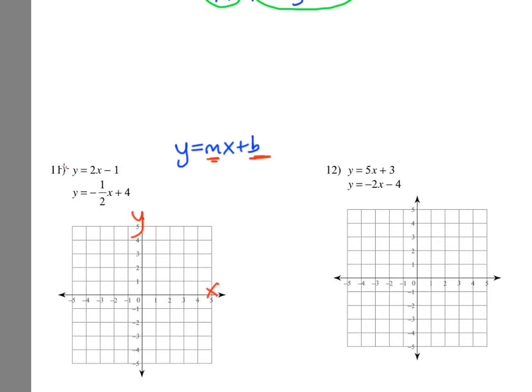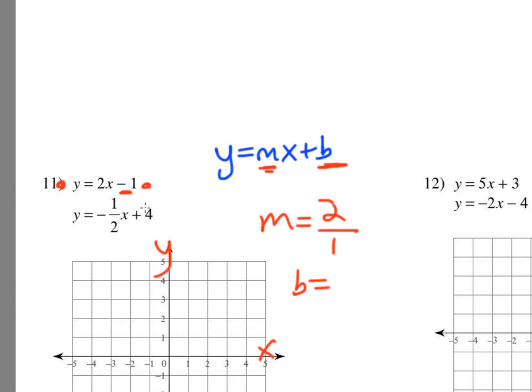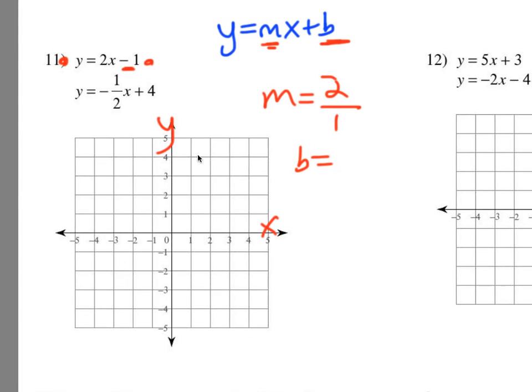Okay, so for this first one, if I was to do this in red, our m equals 2, that is 2 over 1. And our b for this one is negative 1.